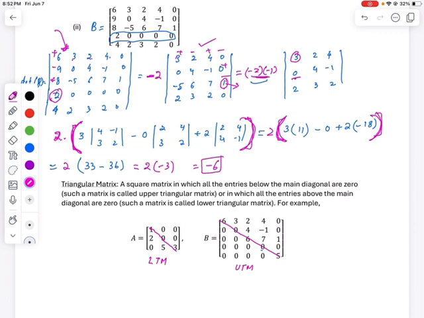So the cofactor will consist of the elements or entries which are not in the first column and the first row of this determinant. So I get the minor is 4, -1, 3, 2. And the sign here is positive because of the first entry.